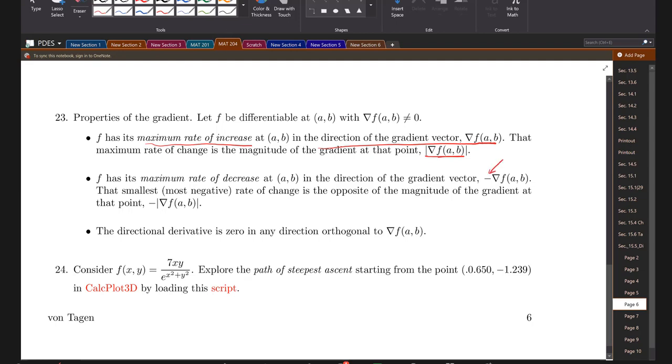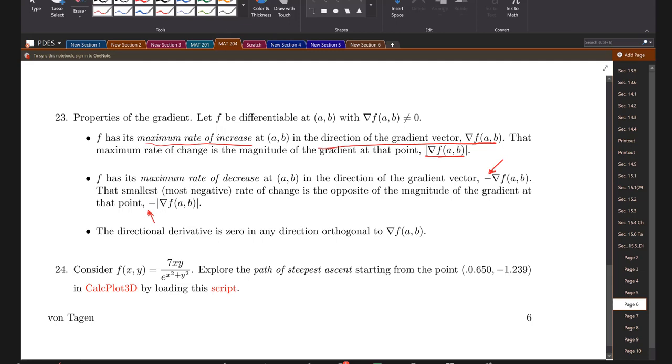I did have a typo, so I had to change that to a minus sign here, and this to a minus sign here. So if you want to talk about the maximum rate of decrease, you're going to go in the opposite direction of the gradient vector. And if you want to know what that maximum decrease rate of change would be, it's simply the opposite of the magnitude of the gradient.